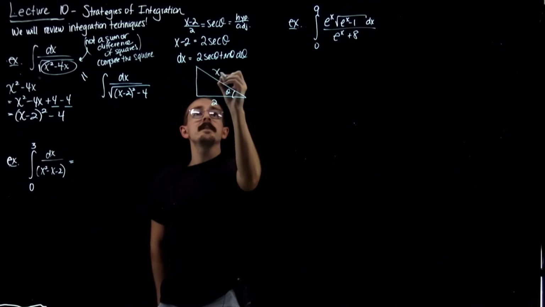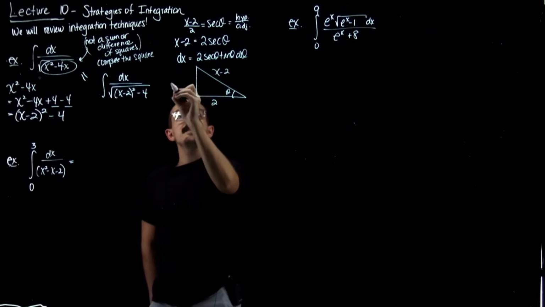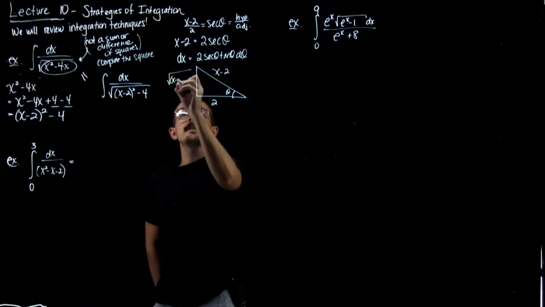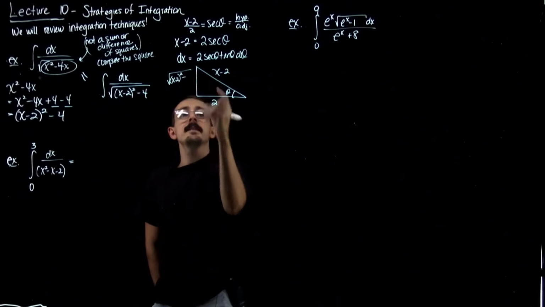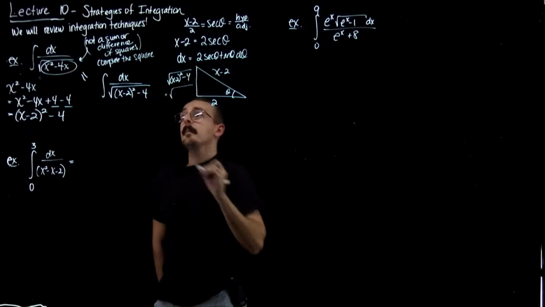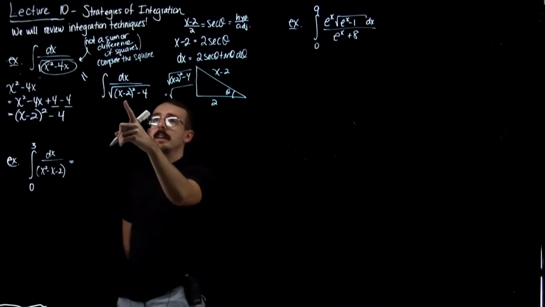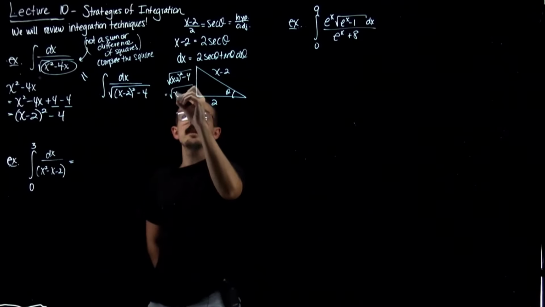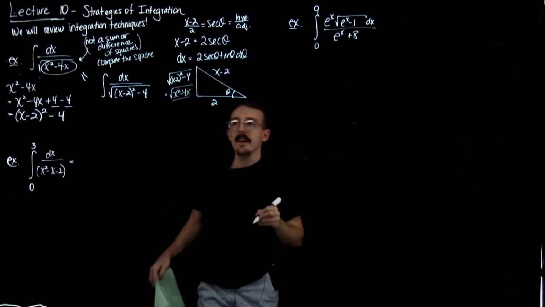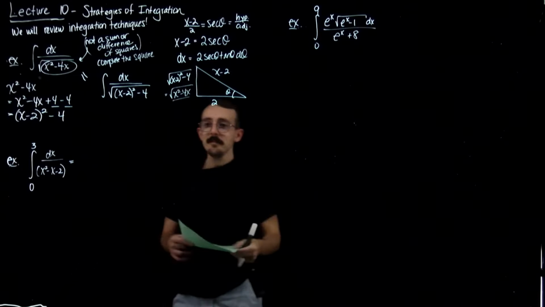Hypotenuse is x minus 2. And that just means that this over here is going to be x minus 2 squared minus 2 squared, which is 4. But I know what that's equal to because I just wrote it right here. That's the same thing as this. This is x squared minus 4x. So I'm just going to rewrite it like that because I know that's what it's equal to.